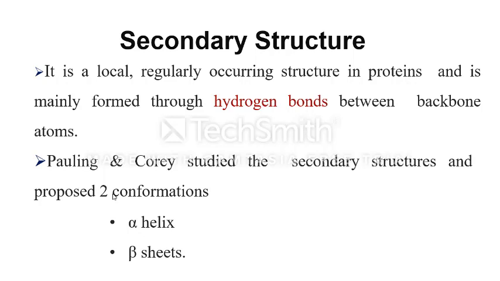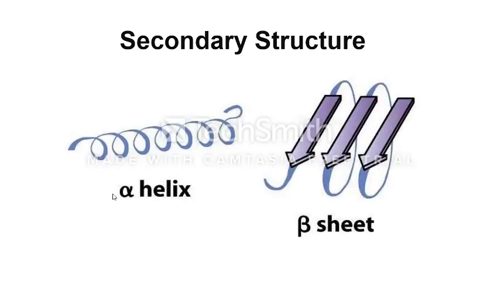Number one is alpha helix, the helical form, and number two is beta sheet, that is the sheet form. So here you see the two forms of the secondary structure. One is helical, you see a helix, and this is the sheet form. They exist basically in these forms.